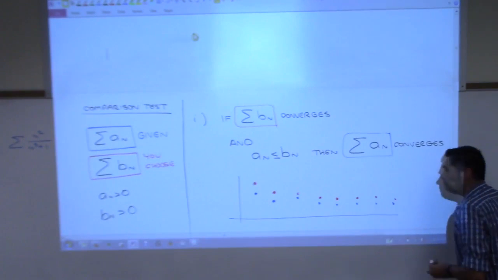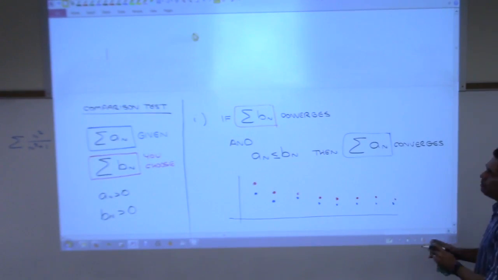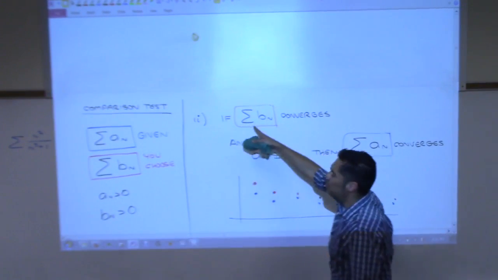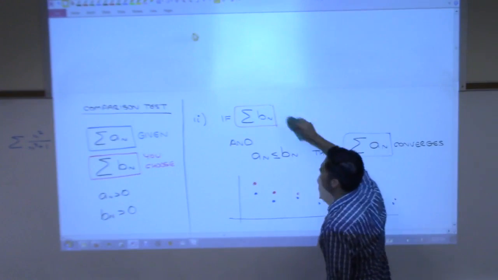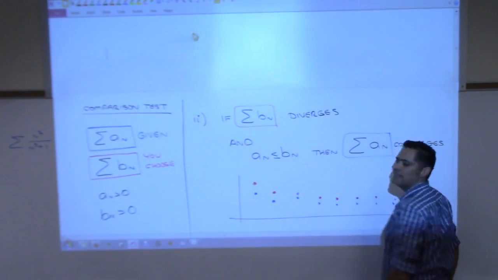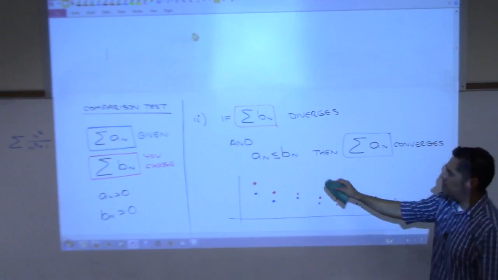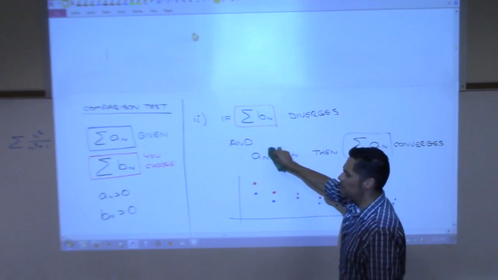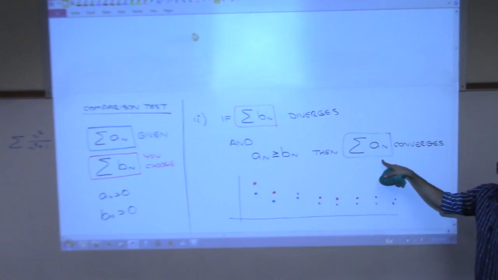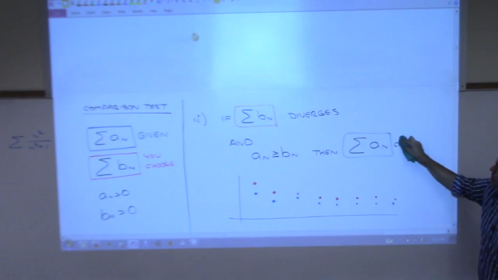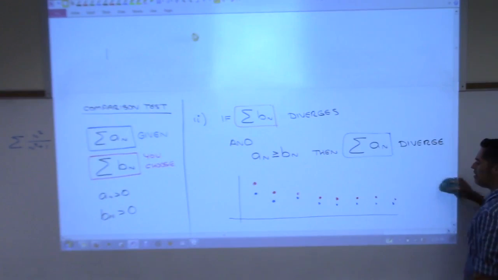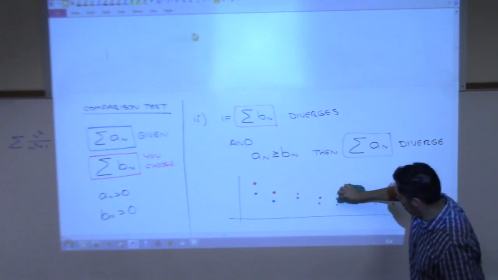The second thing, so look at the number 2 on there, or part 2. Part 2 says, if the series that you choose diverges, right? If it diverges and this inequality is flipped, then this guy must diverge. So let's see if we can make sense out of that. I'll take away the red ones.